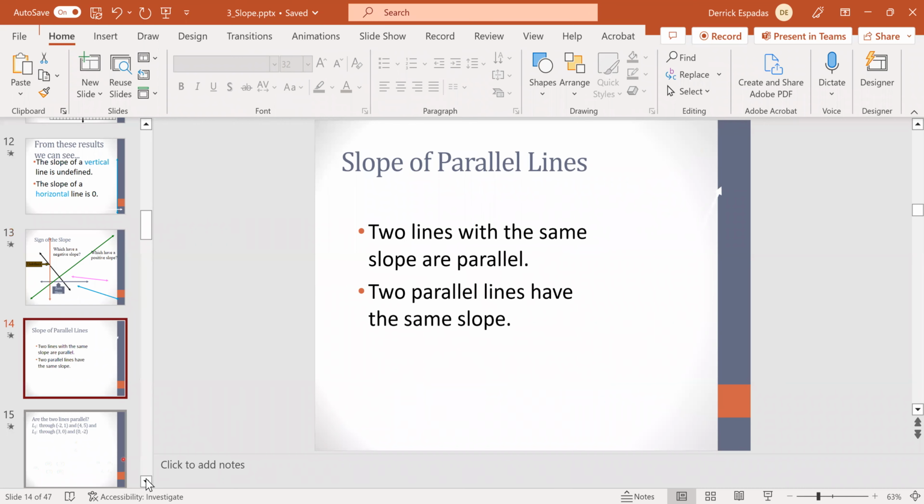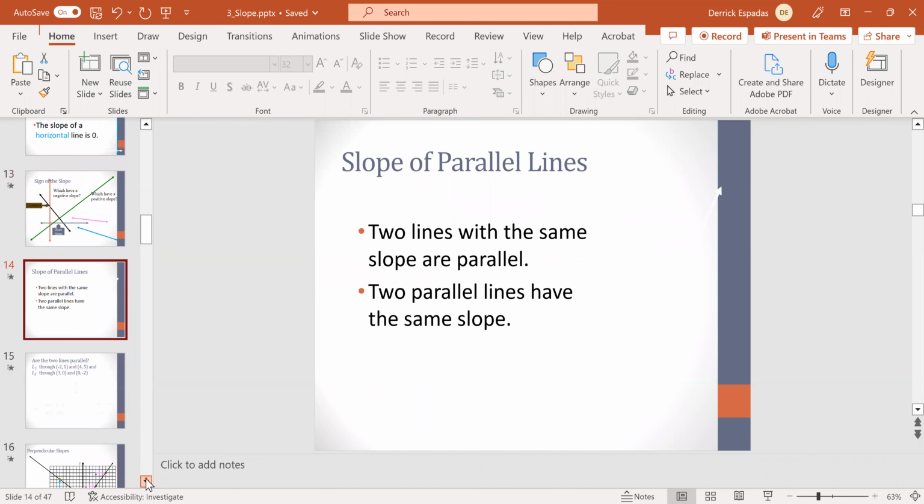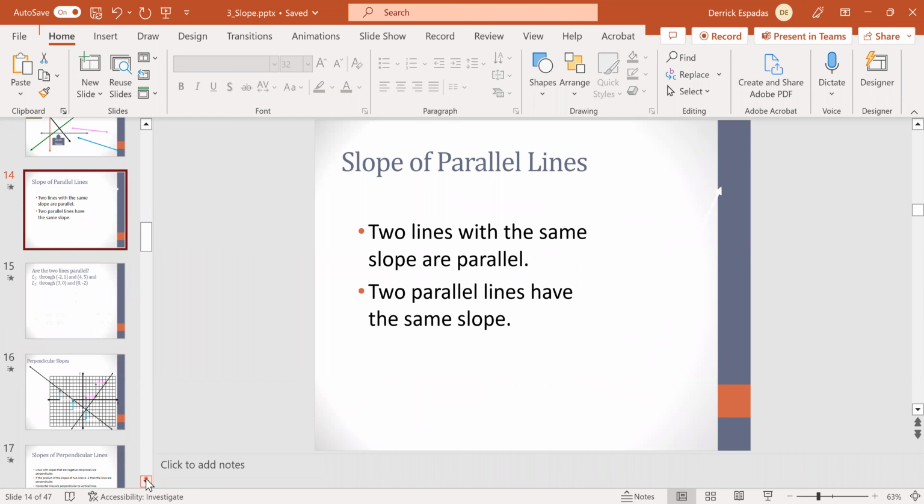So parallel lines. So parallel lines are two lines which are straight with each other. Let's see here. Can I draw? I can draw. So typically, it's going to look something like an 11, right? So that's going to be our parallel line. Now, parallel lines have the same slope.